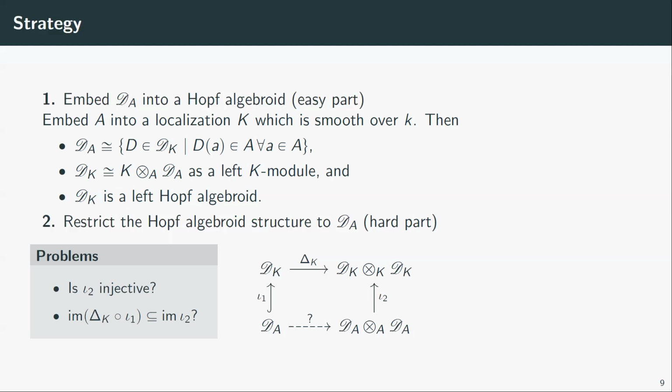And we also don't know whether the image of iota1 by delta k is contained in the image of iota2. However, once we have a positive answer to these two questions, then we automatically have a comultiplication downstairs.